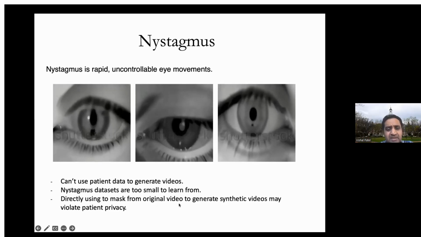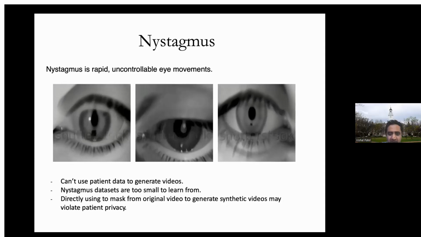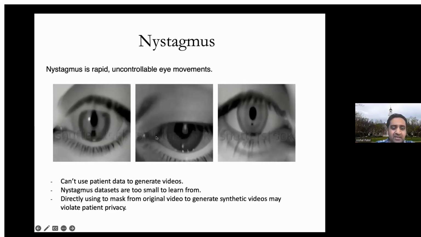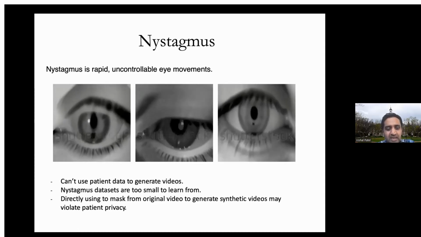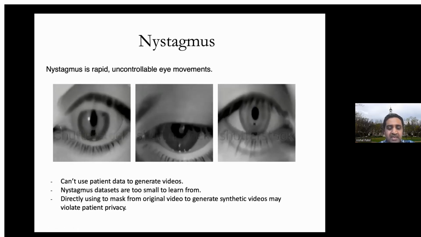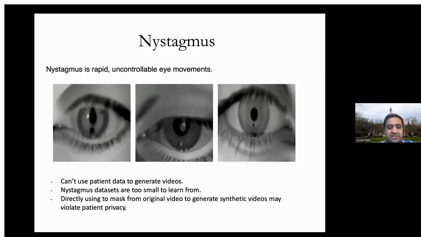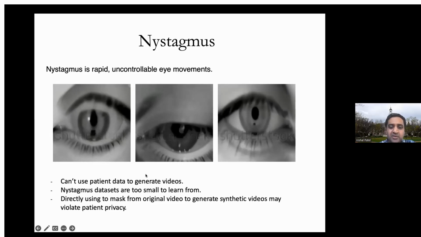This is a very important problem, and one of the most difficult things here is the data set. We just cannot use patient data sets because of many issues regarding privacy, and whatever we could find out there is very small, and it's just a difficult problem to deal with.